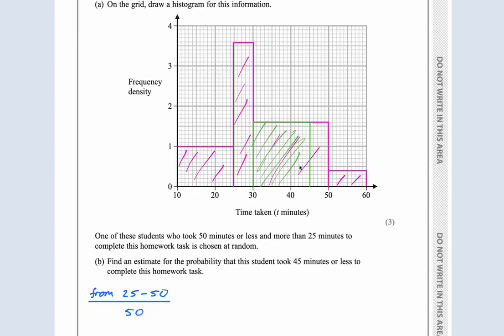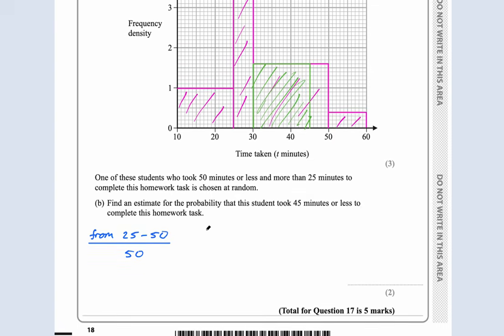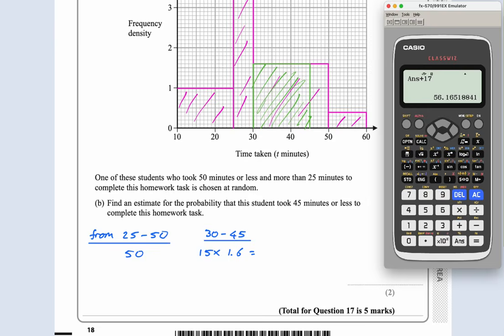So this green area here is how many students took between 30 and 45. So I'm going to do from 30 to 45, and that is 15 times 1.6, which, let's use our calculator, is 24.